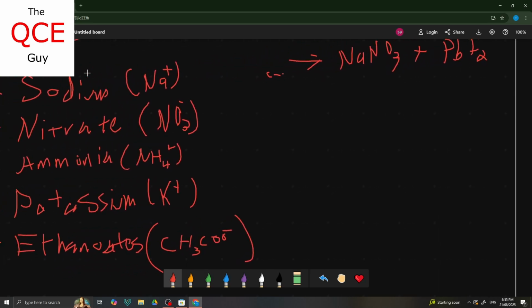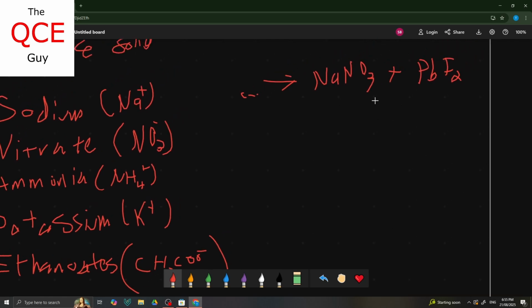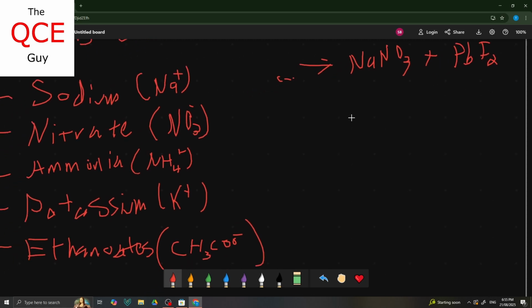We can use this rule, SNAPE, to figure out which one is going to be our precipitate. So let's look at NaNO3 first. Sodium, it contains sodium, yep, and it contains a nitrate. So we're going to mark that with ticks. So this one's a double tick.